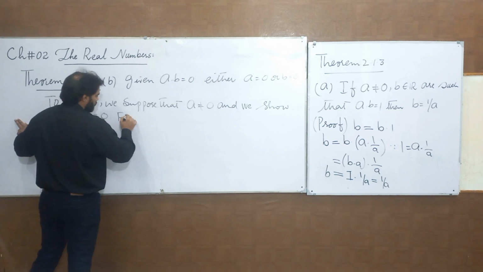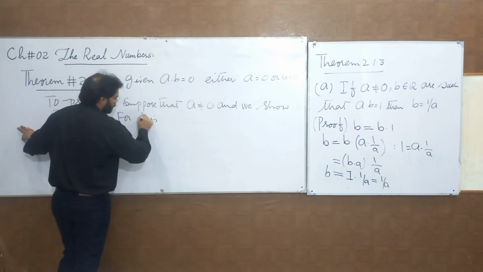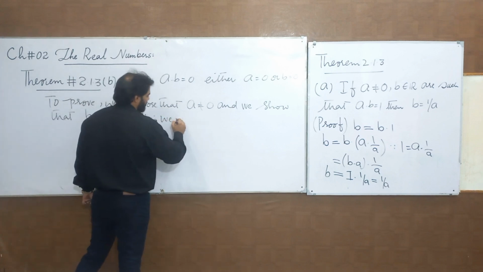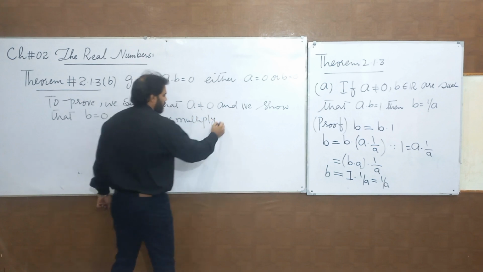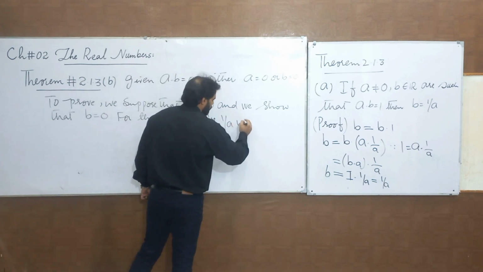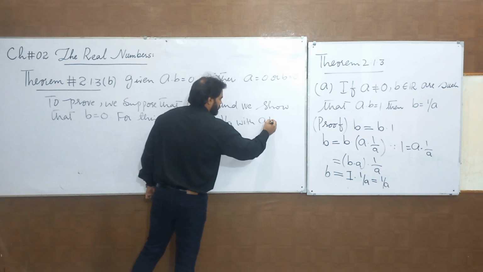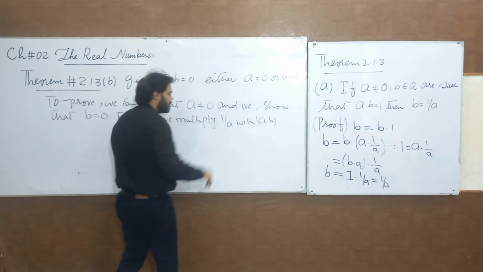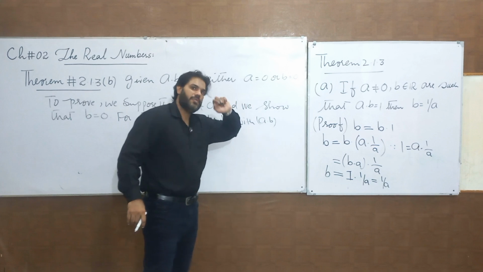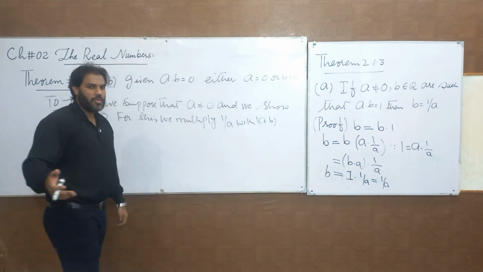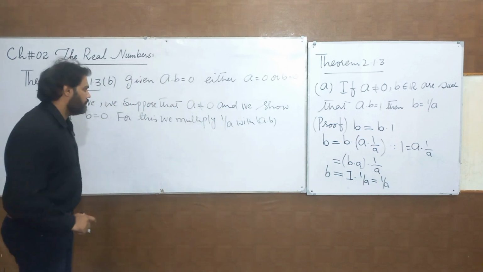For this, we multiply 1 over a with this product a into b, because this product will give us the value of b here, that we have to show is equal to 0.